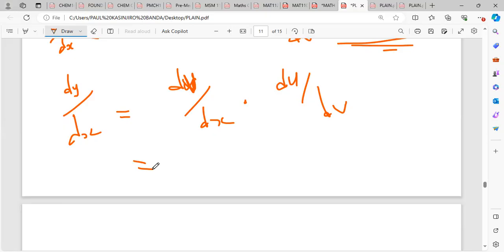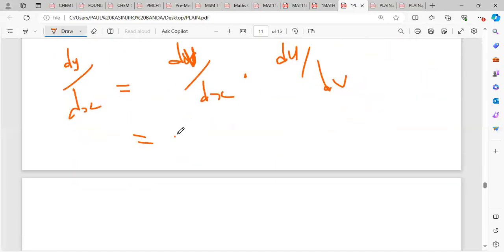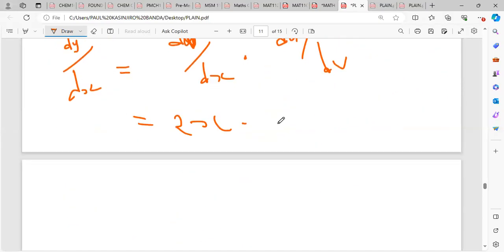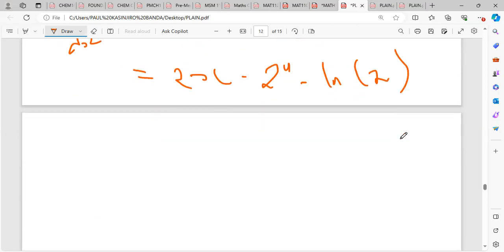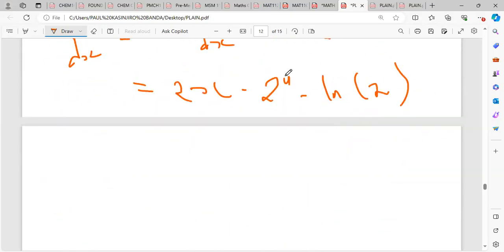What is my dv/dx? It's here, which is just 2x. Then I multiply with my du/dv, which is this: 2 to the power v multiplied by ln of 2. Then I substitute back my v. What is my v?